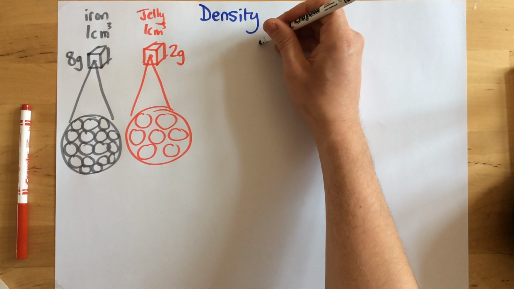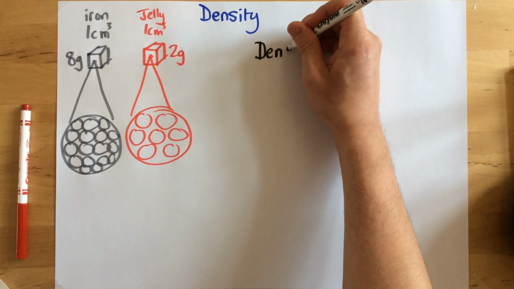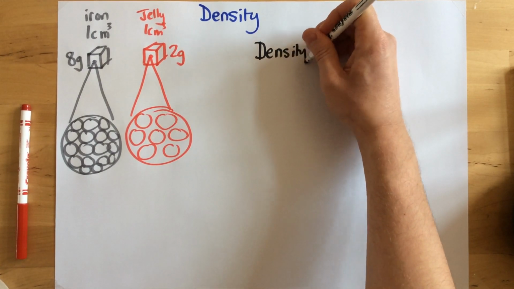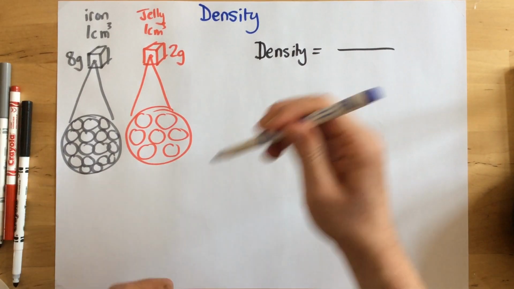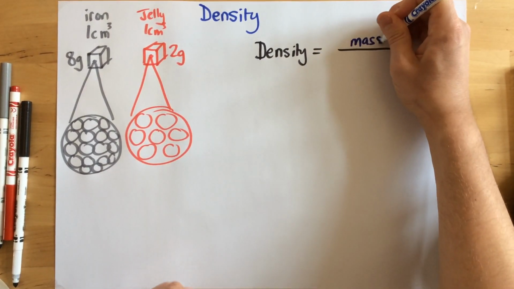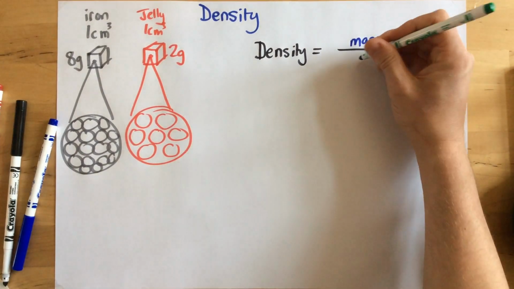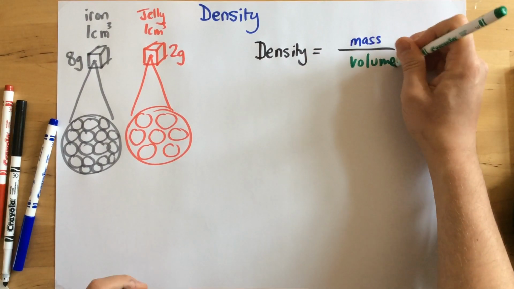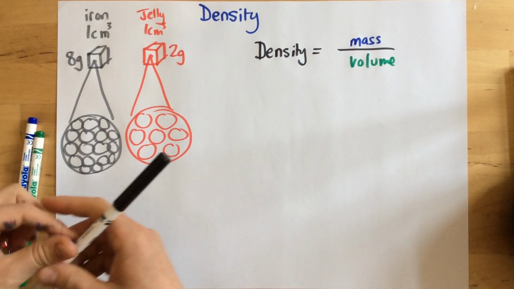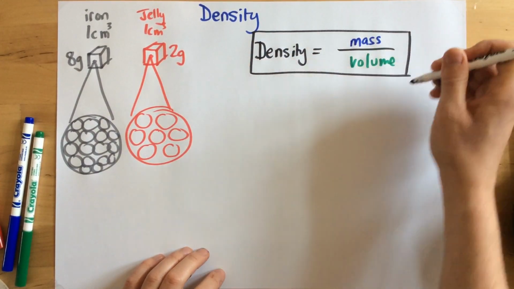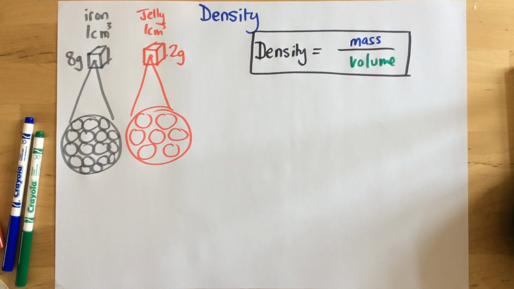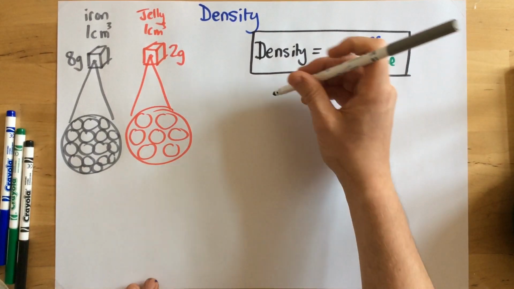So there's an equation that we need to understand to get our heads around density, and it's a really nice simple equation. Density equals mass divided by volume. So now we're just going to quickly have a look at these two specific examples of iron and jelly in order to find the density of these two substances.